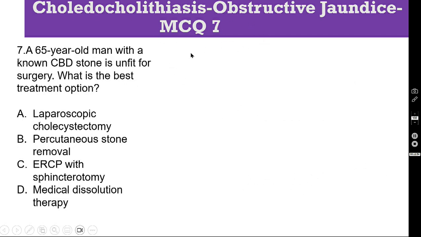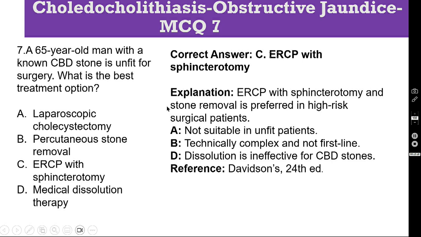Coming to MCQ number 7, a 65-year-old man with a known CBD stone is unfit for surgery. What is the best treatment option? A. Laparoscopic cholecystectomy. B. Percutaneous stone removal. C. ERCP with sphincterotomy. D. Medical dissolution therapy. Correct answer is ERCP with sphincterotomy and then you remove the stone.